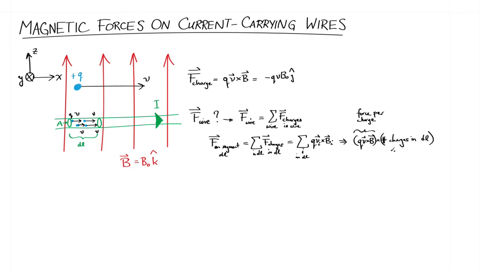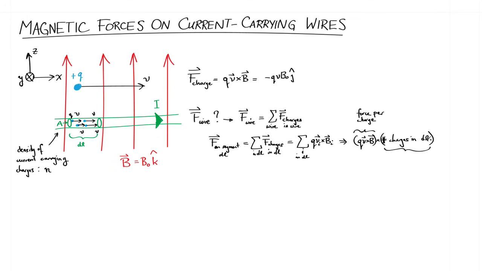All right. So what is this? We want to know the number of charges in DL. So let's just assume, for starters, that there's some density of charges in the wire. So let's say there is the density of current carrying charges, the density of moving charges. There's actually many more charges in here because there's lots of electrons that are bound to the atoms that don't move. We're not really interested in those. The density of the ones that are moving, we'll call that little n.